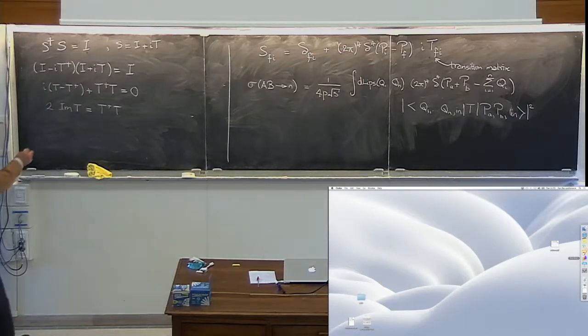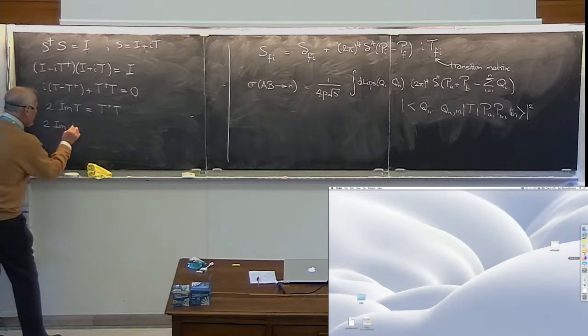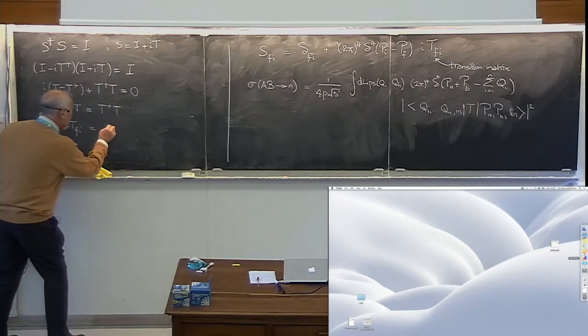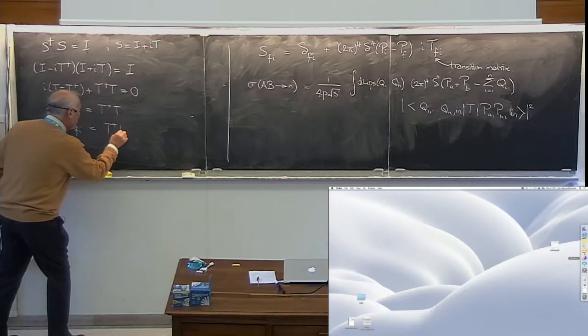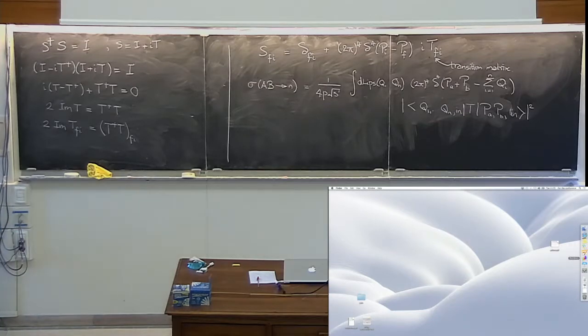So it says that 2 times the imaginary part of a particular matrix element from some initial state to a final state is equal to T dagger T, the matrix element from the initial state to the same final state. Since this is a matrix equation, this is true for each element.